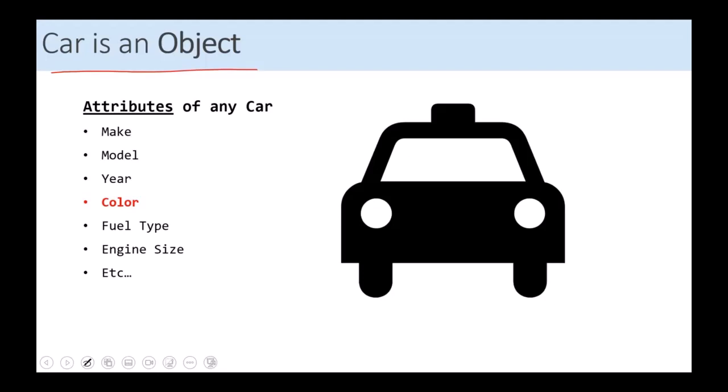This is not a complete list, right? Partial list. So if I tell you a car, you think about things that are what? Or attributes. Attributes of a car. Can you add something here? Yes, go ahead.